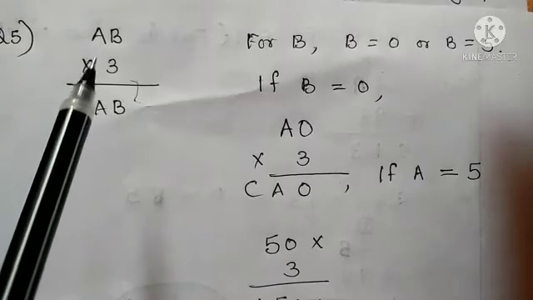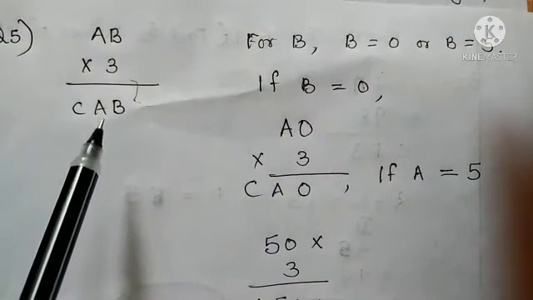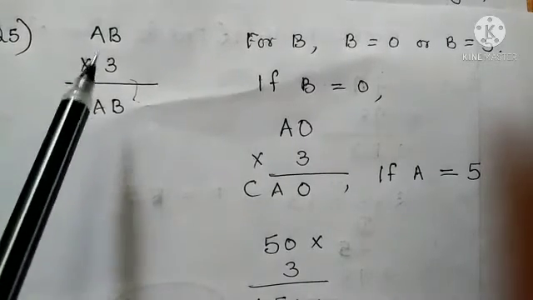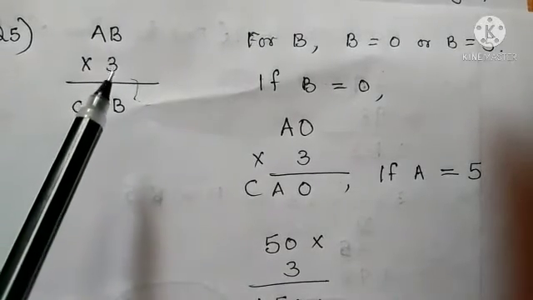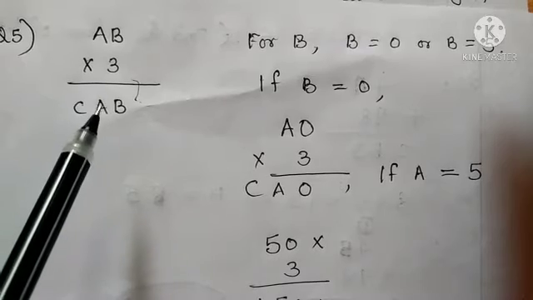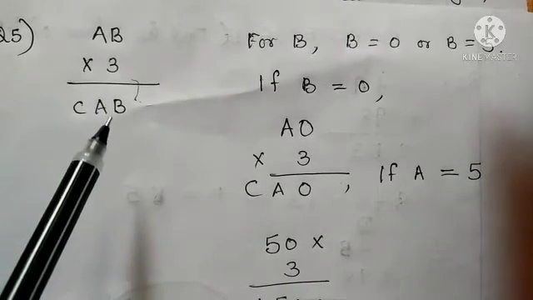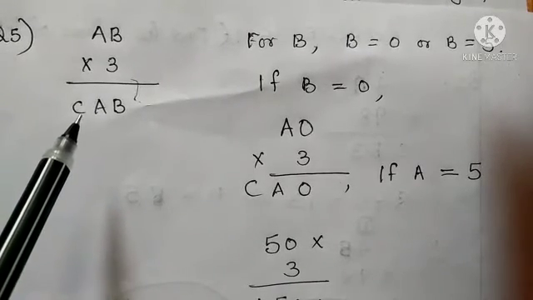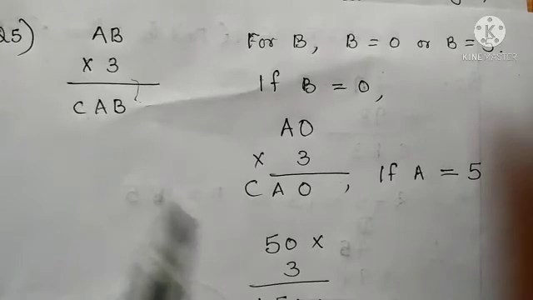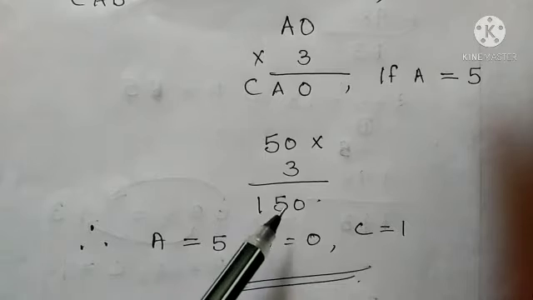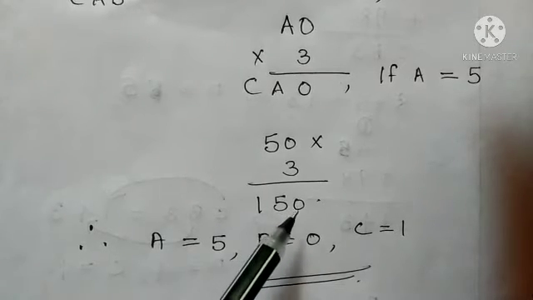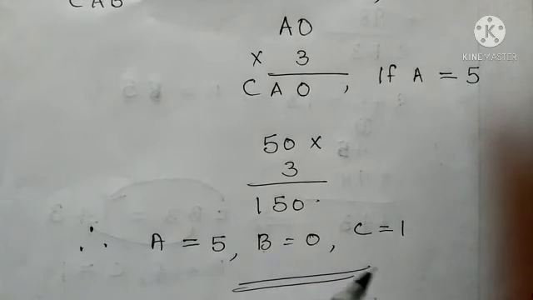A equal to 5, 5 into 3, 15. Here also 5 and 5 coming. So it is clear that B equal to 0 and A equal to 5. Then C will be 1, 150. So 50 into 3, 150. So A equal to 5, B equal to 0, C equal to 1.